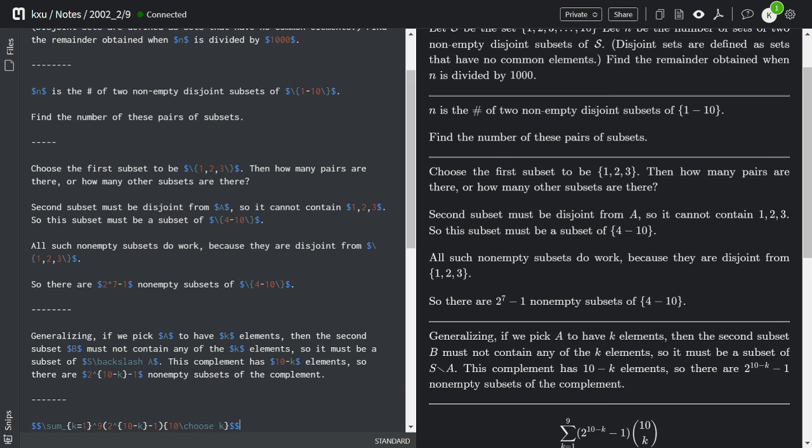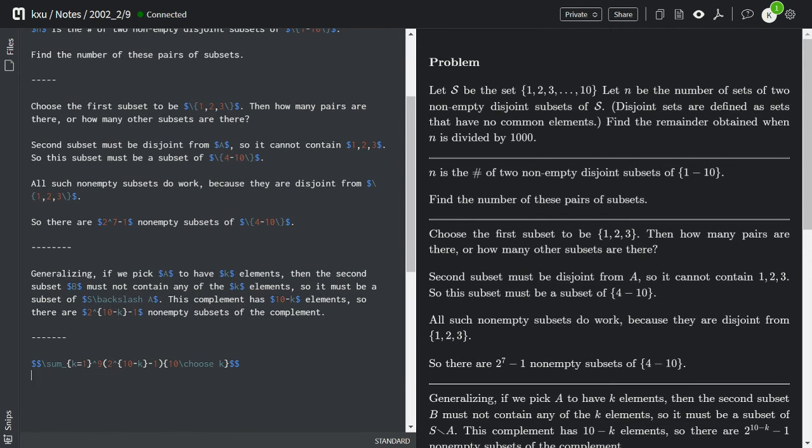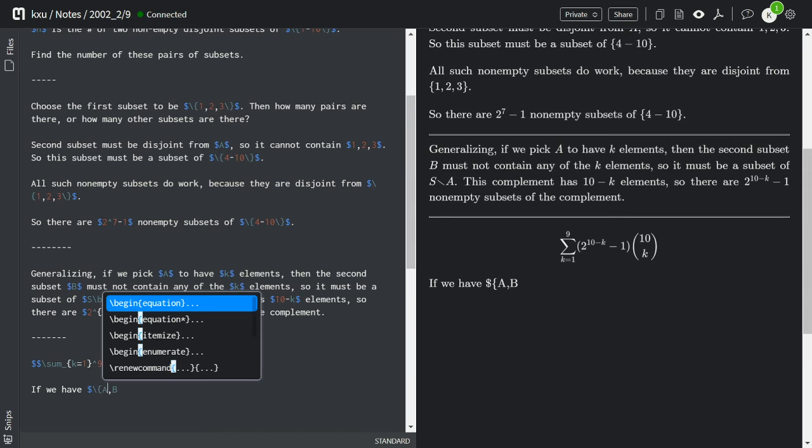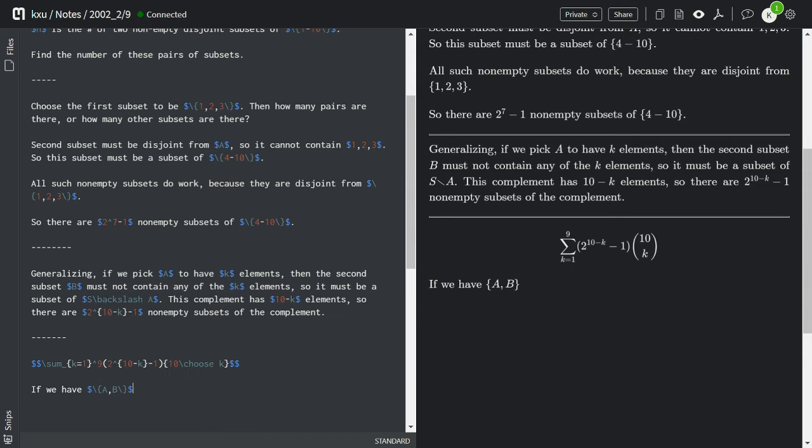So in other words, I think this is a bit easier to explain. If we have A, B, if this is our answer, or one of the working sets for 2 disjoint sets, then BA can be selected in the same process, and it's also disjoint.